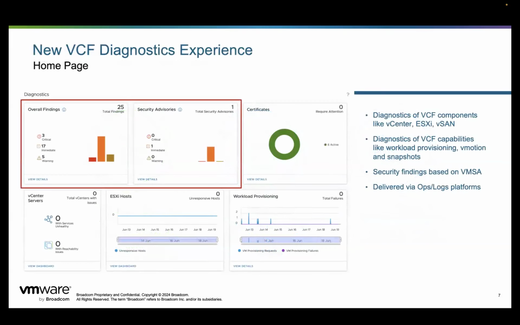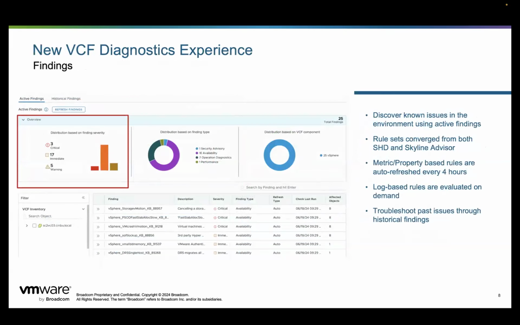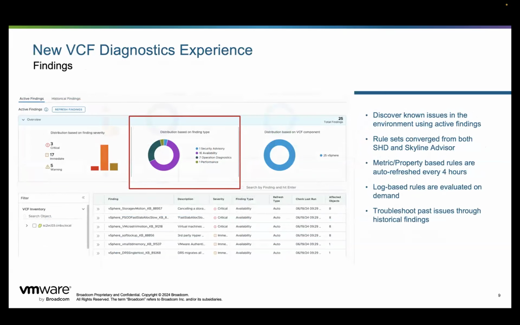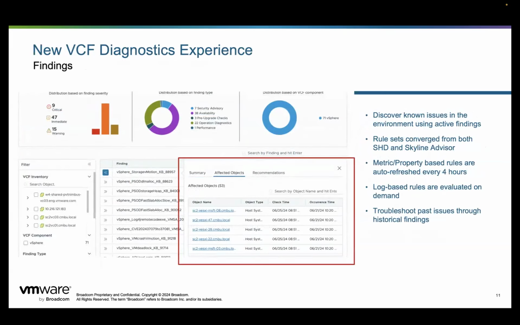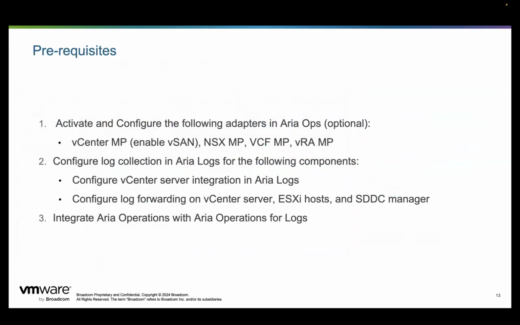So normally without a demo, I would go through these, but I'm actually going to skip this because the demo I think is more valuable. And the reason why I want to show this last one, bear with me, is in order to get VCF Diagnostic to work, you do need to have a working vCenter environment. You do need to have a working Ops environment and an Ops for Logs.